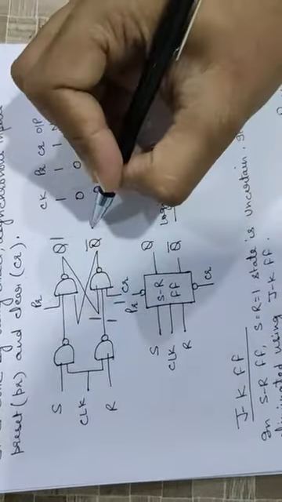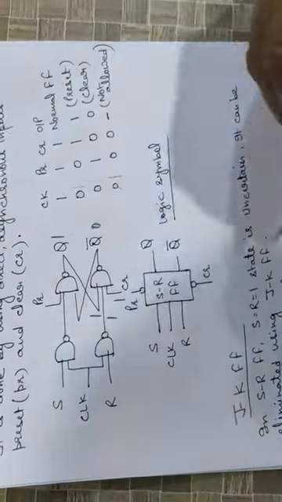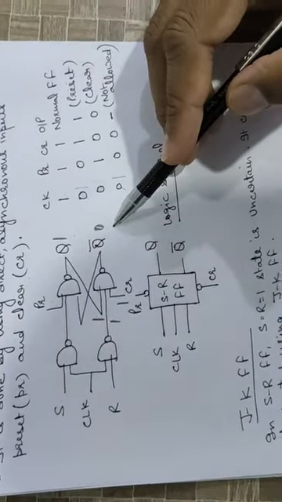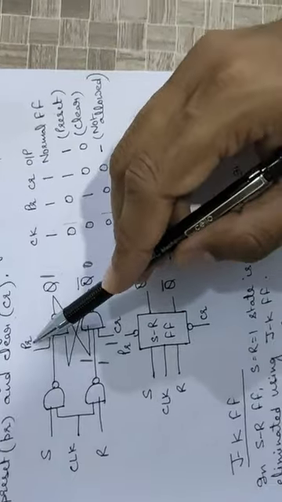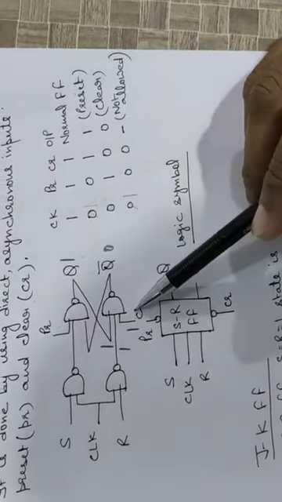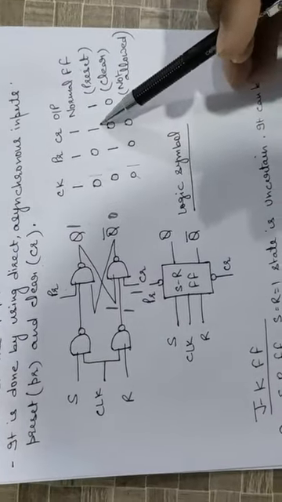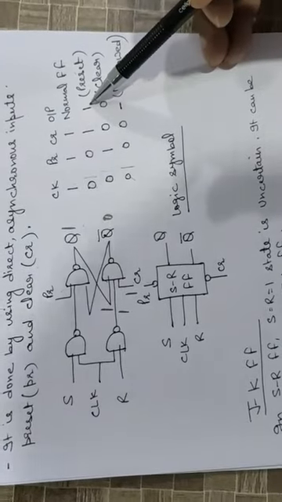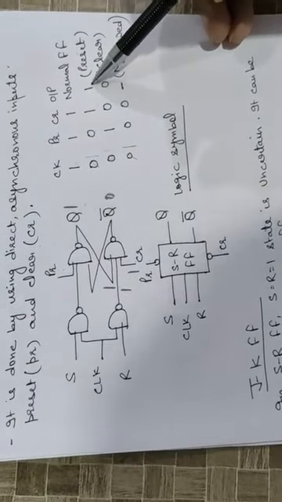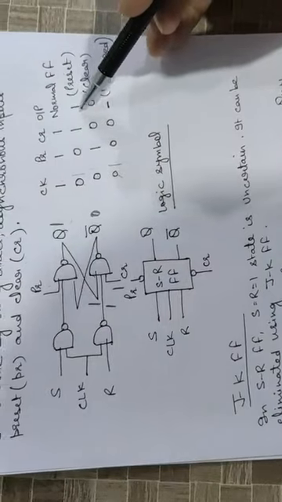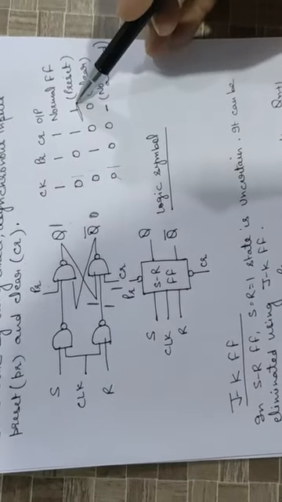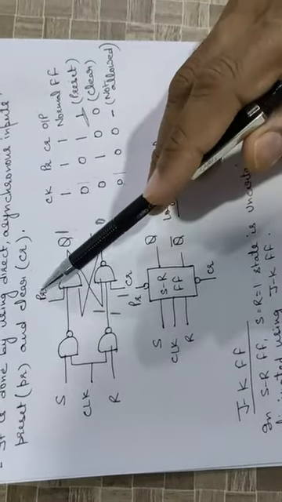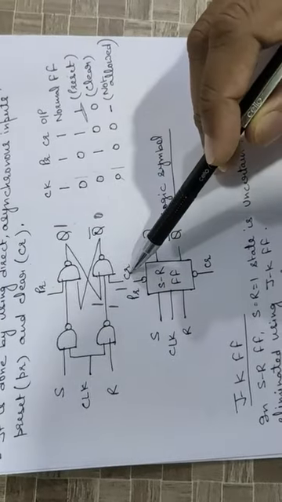So in that case the value of Q bar will be 0. So these are the complementary outputs. So when I give preset equal to 0 and clear equal to 1, I get the output value as 1, which is the set state. So I am initially setting the value of output as 1 if I give preset as 0 and clear as 1.